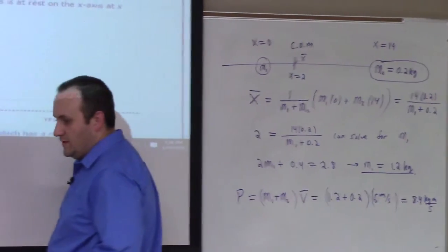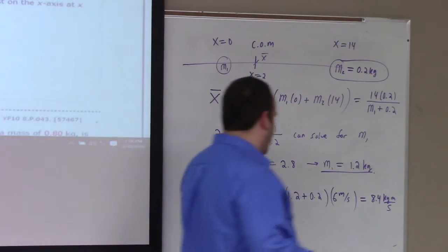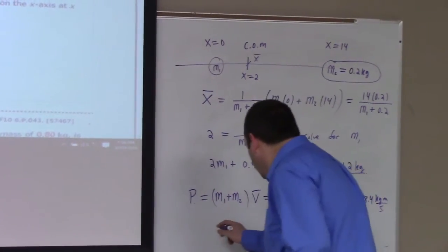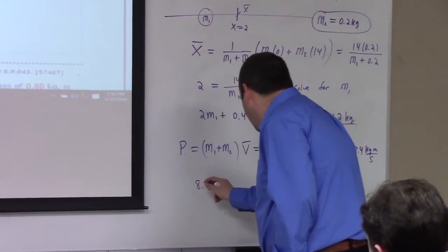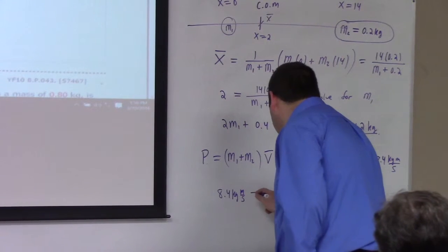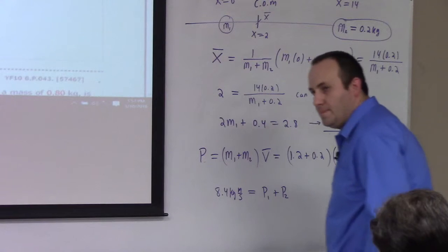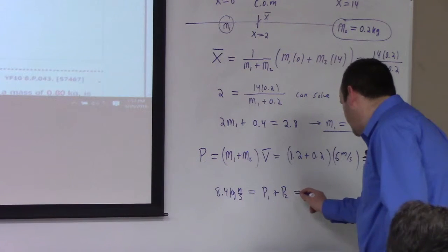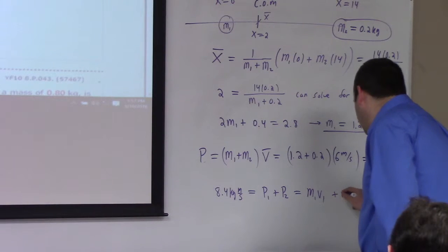And then, how would you figure out the velocity of the one at the origin? How would you figure out part C? Well, for part C, you have that 8.4 kilogram meters per second is equal to the momentum of 1 plus the momentum of 2, right? The momentum of 1 is m1v1, and the momentum of 2 is m2v2.